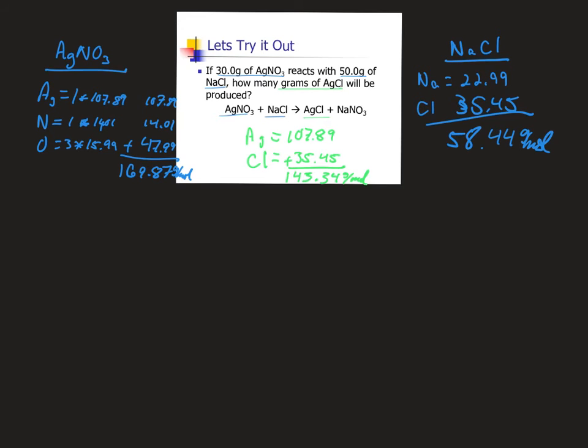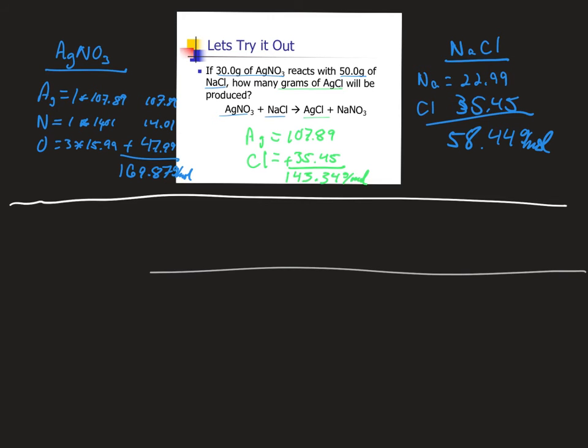Now, just like before, we are going to calculate two knowns at the same time. And in doing so, I'm going to split them up to see which one is my limiting reactant. Because I don't know at this time. I might look at this and say, that's silver nitrate. That might be the one.